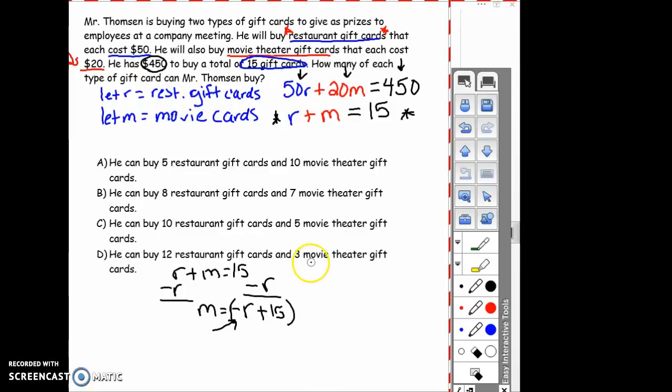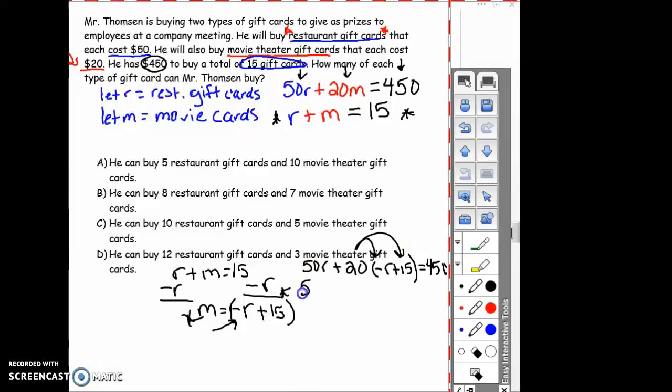I have 50r plus 20, but now I don't have to write m anymore. I know what m is. Here it is. It's negative r plus 15. And that still equals $450 that I have to spend. There you go. So I have to distribute.